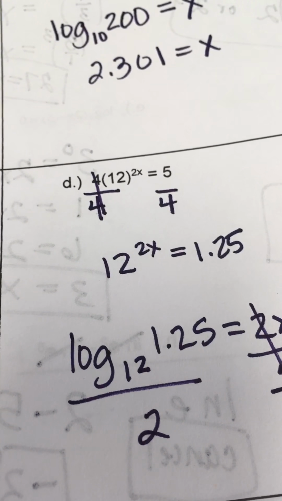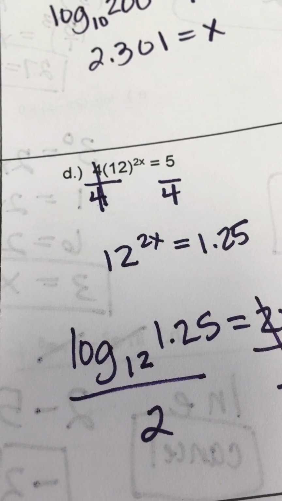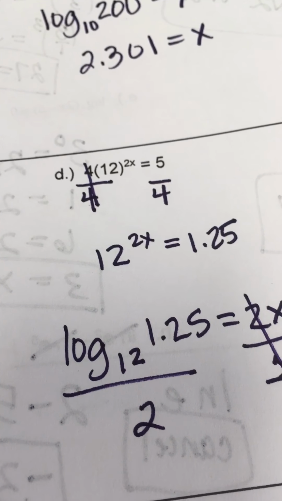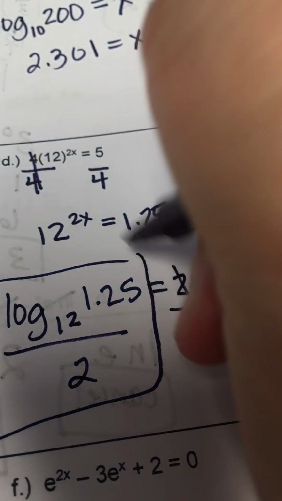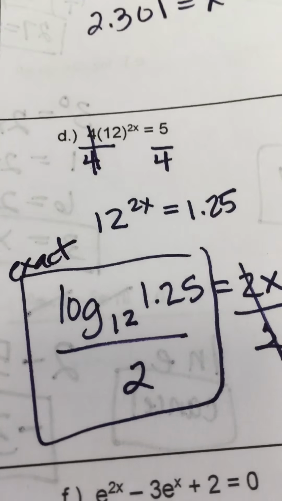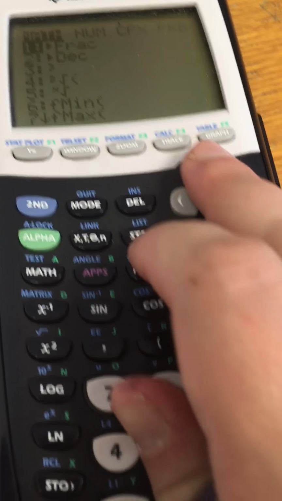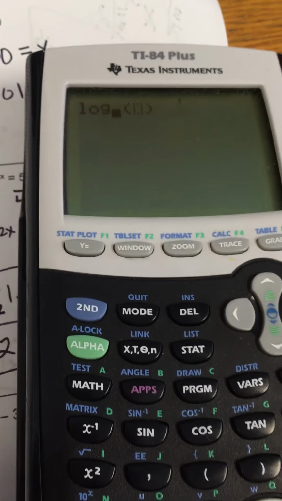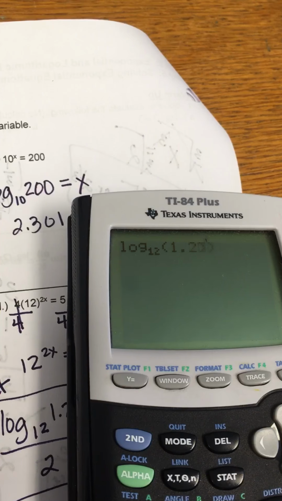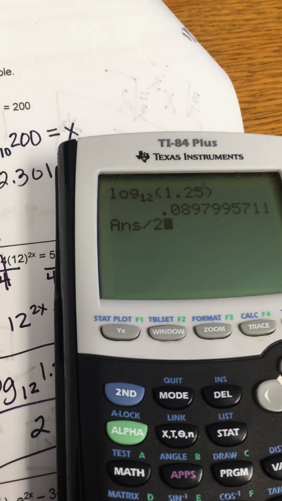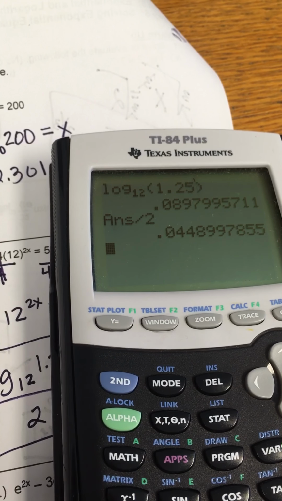Some of your answers are actually going to ask you for exact answers. So this is exact. It looks messy and gross, but it's exact. On your calculator for decimal, log base 12 of 1.25, and divide by 2, round at the end, 0.045.